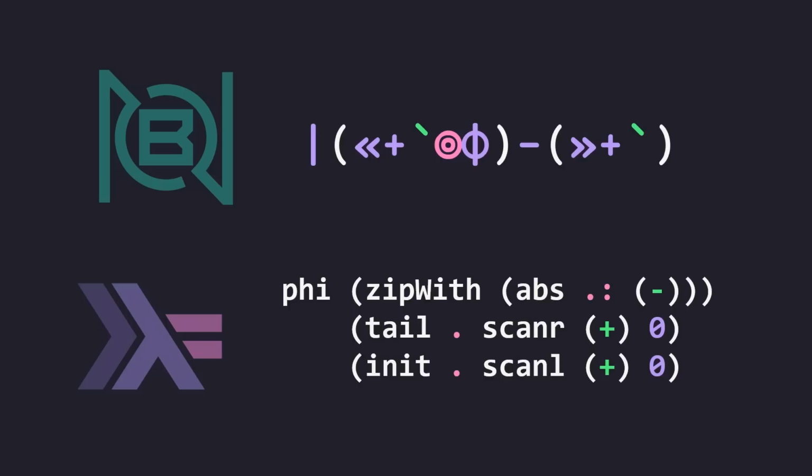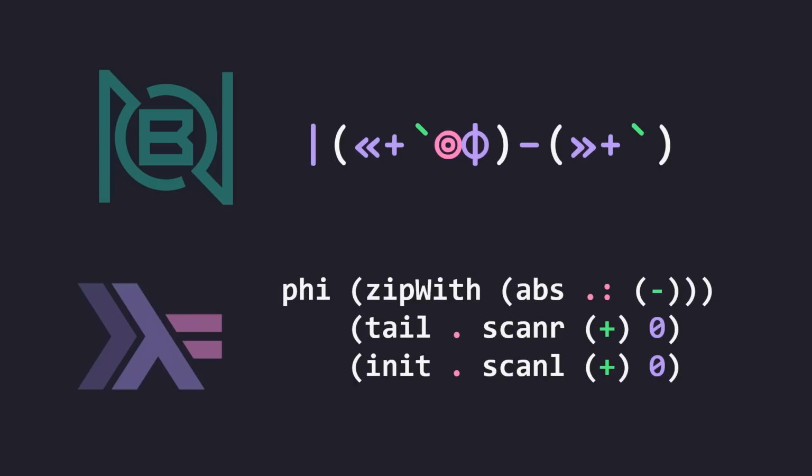BQN has the under operator, which enables us to get the right sum, aka a right scan. We don't need this in Haskell because we have two different flavors of scan, scanr and scanl. We have the two different shifts in BQN, which we can get that behavior using a pre-scan for both of our scans, and then the tail and init functions. The minus in BQN, obviously a lot easier to spell than having to use a zipWith because we don't have rank polymorphism in Haskell.